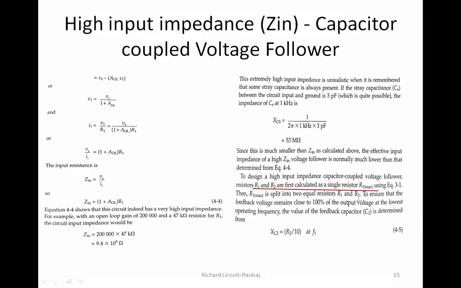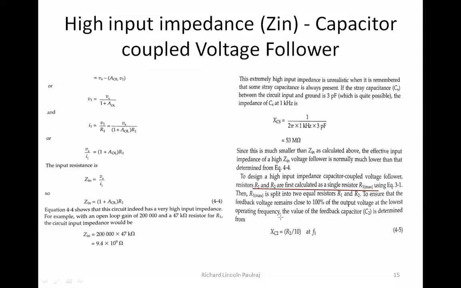So how do I do that? R1 plus R2 divided by 2, right? To ensure that the feedback voltage remains close to 100% of the output voltage at the lowest operating frequency. Even though we are operating at the lowest frequency, remember, we have a range of frequencies, say, for example, 3 kilohertz.